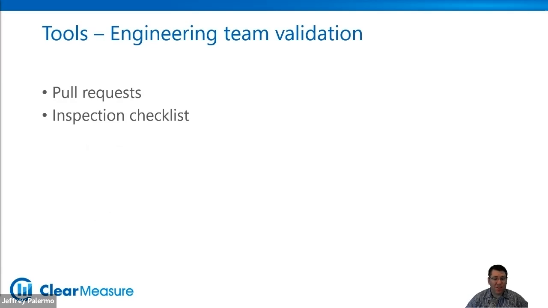And then for engineering team validation, you'll want to use pull requests, and you'll want to use an inspection checklist paired with your pull request. That is an absolute must for the validation level at the team level before you push it over to your business stakeholders that represent the product layer.